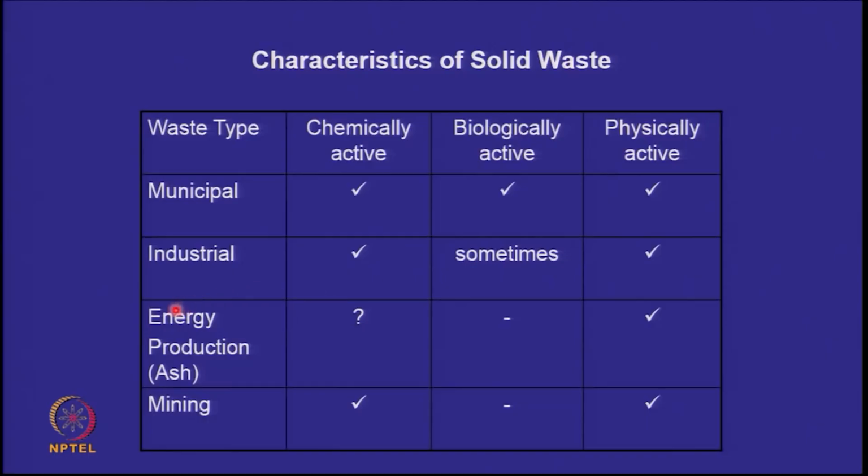Energy production waste, like we talked about ash. Ash is definitely biologically not active. It is coming out of the burning of coal. It's physically active. It has fine particles. It creates dust. Suspended particles go into the water. Is it chemically active? This is debatable.